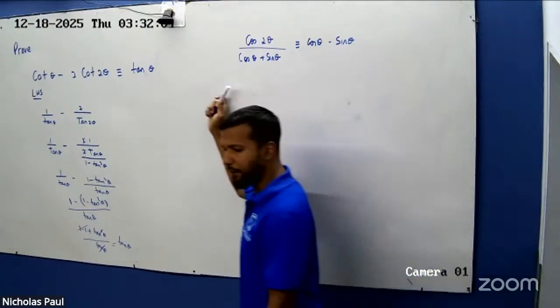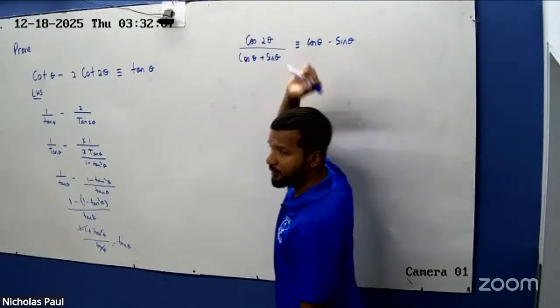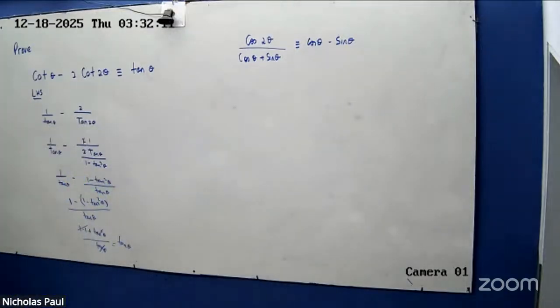Just make the right substitution for cos 2 theta and you get it. Number 2 is only about 3 lines long.